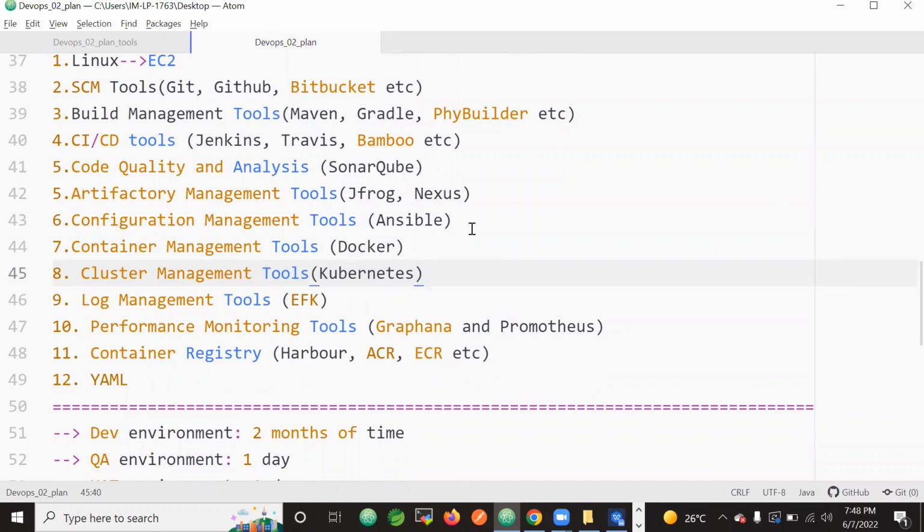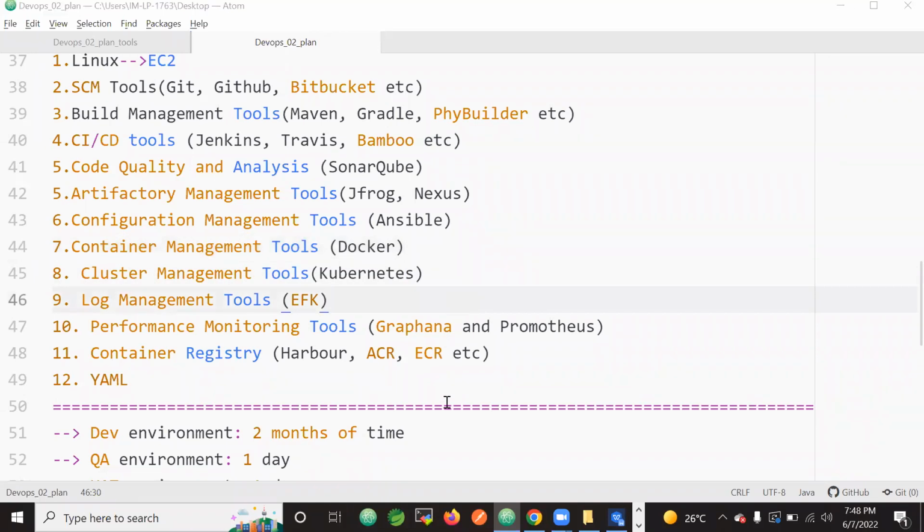You can write the Jenkins administration certificate, plus the Kubernetes administration certificate, and the Docker administrator certificate, by following my sessions, my course content, and the exercises that we will do here. Okay, fine. Any more questions for me?